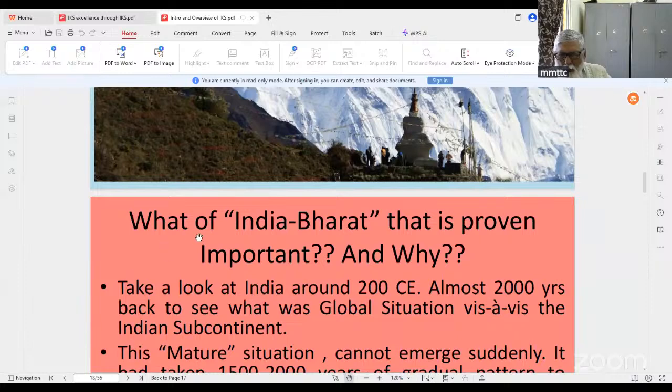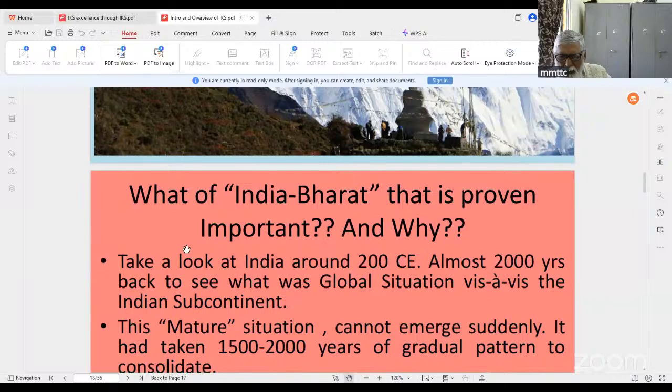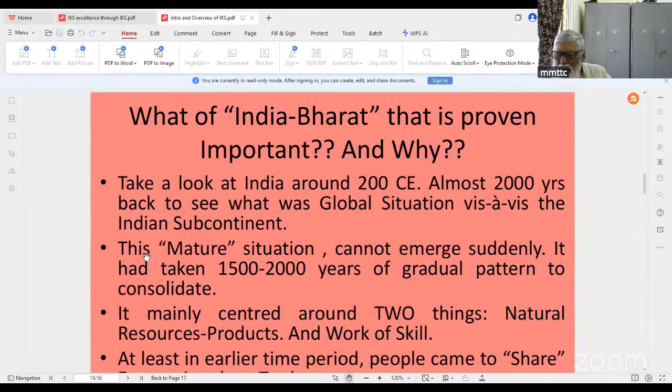So when we say what of India, that is Bharat, why has that become important? Just take a look at how nice it was. Take a look at India around 200 CE, which is exactly around 2000 years back. And we will also see what the global situation was. This was a mature situation. So another 1500 to 2000 years back it started.